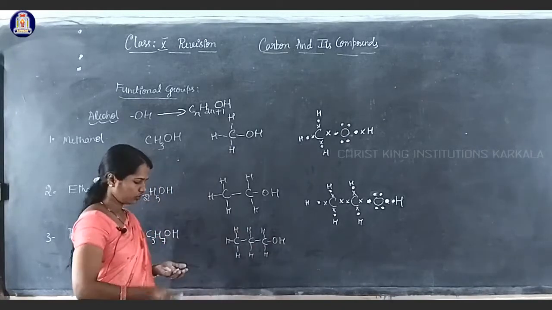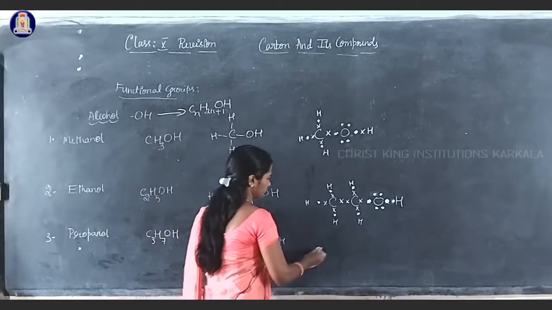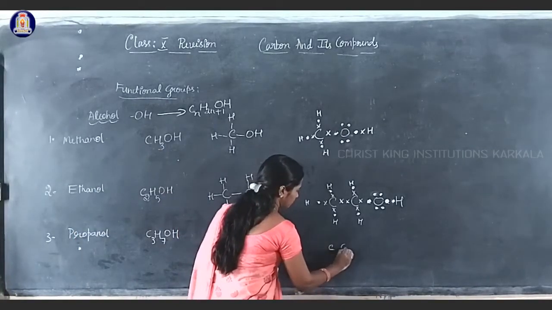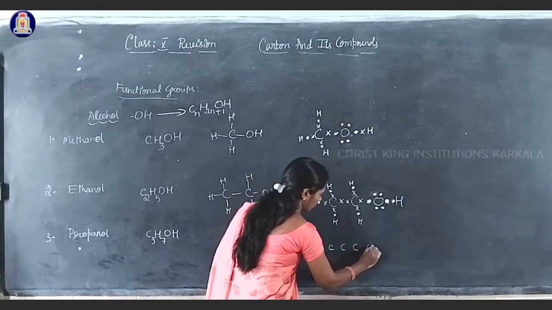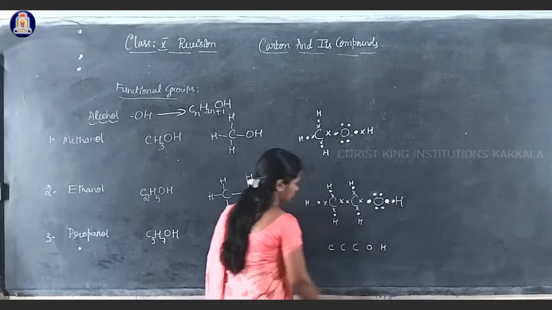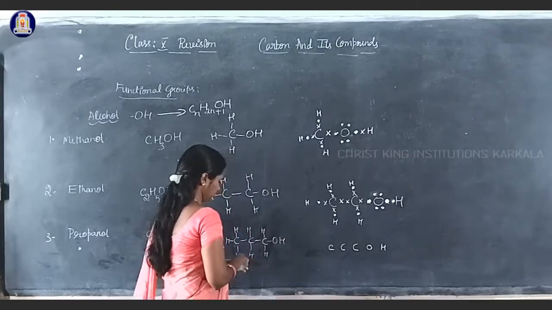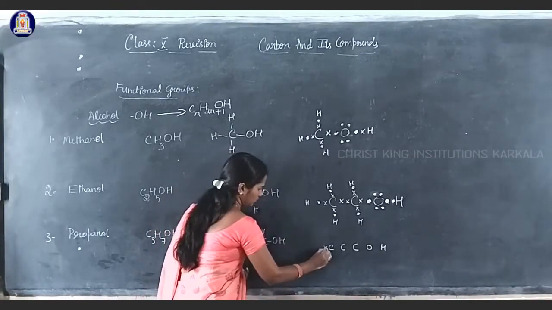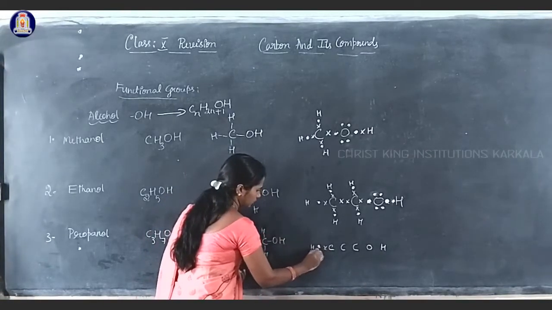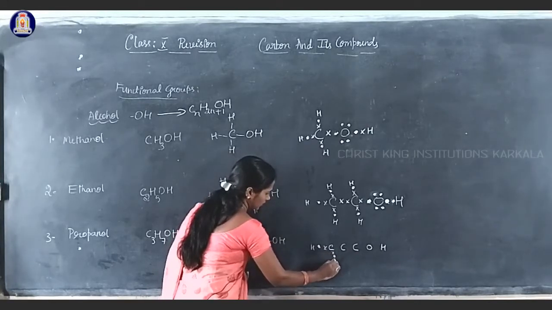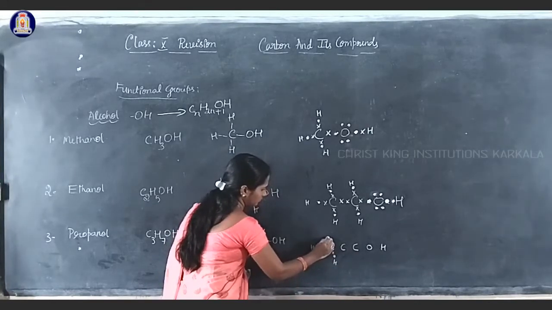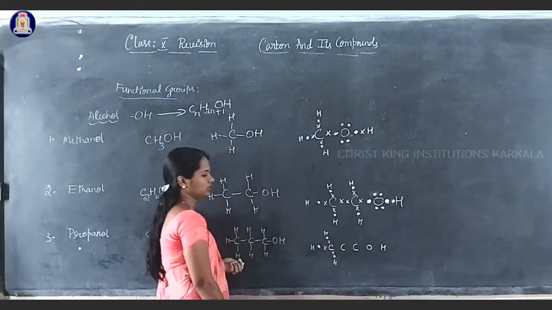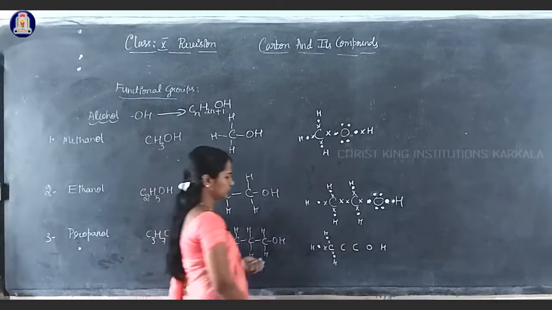We'll write the electron dot structure. 3 carbon, oxygen, hydrogen, cross, dot H, cross, dot H, cross, dot H. Single bond between carbon and hydrogen.